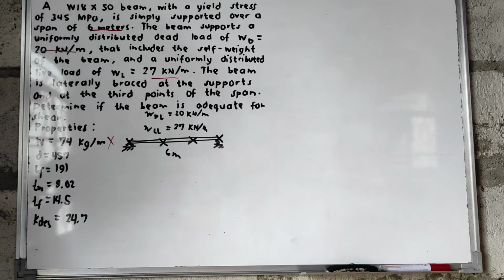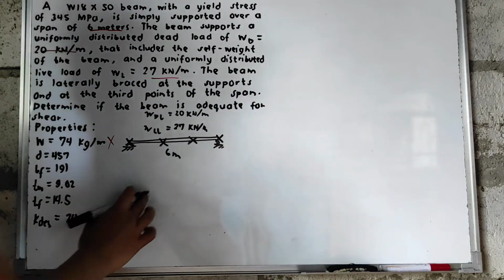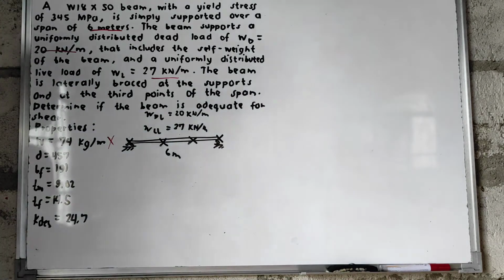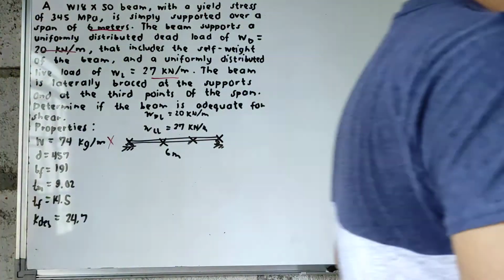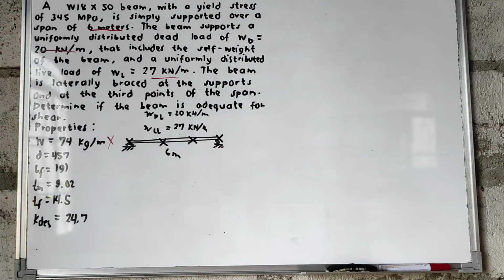So, for us to know if the section is adequate or not, we need to solve first for the value of your shear capacity. So, para mahanap natin yung shear capacity natin, when we are dealing with ASD and LRFD method, kinukuha muna natin yung nominal strength na makakaya ng section natin.